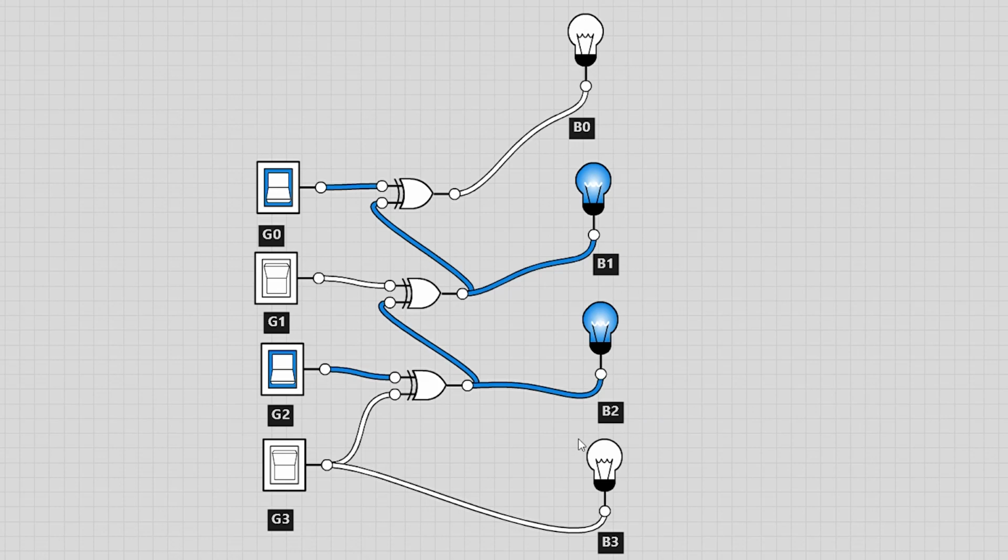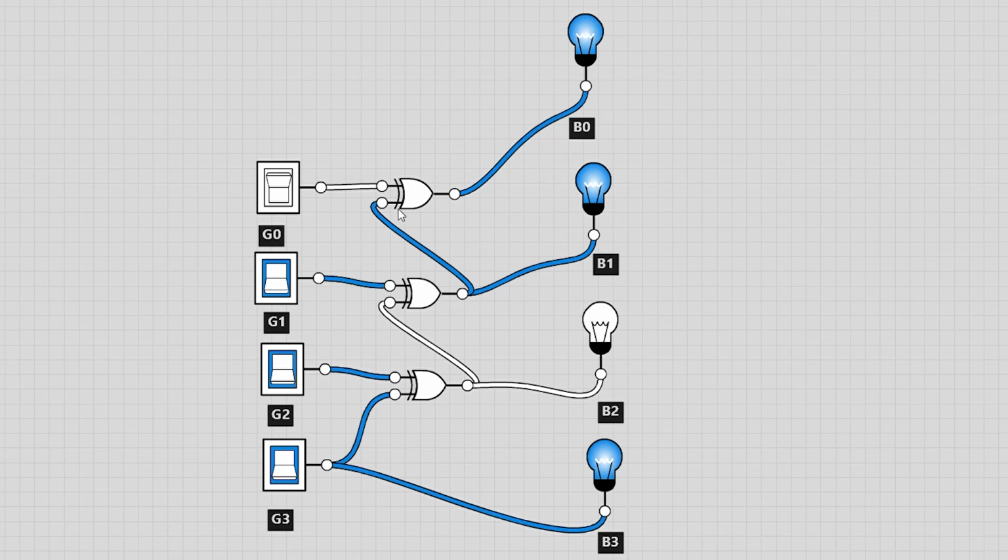Output will be B3 will be 0, B2 will be 1, B1 will be 1, B0 will be 0. And again we are going to give another input. G3 will be 1, G2 will be 1, G1 will be 1, G0 will be 0. B3 will be 1, B2 will be 0, B1 will be 1, B0 will be 1.